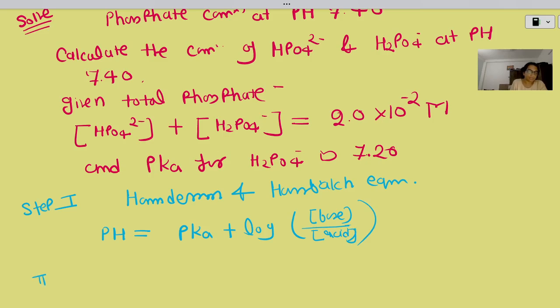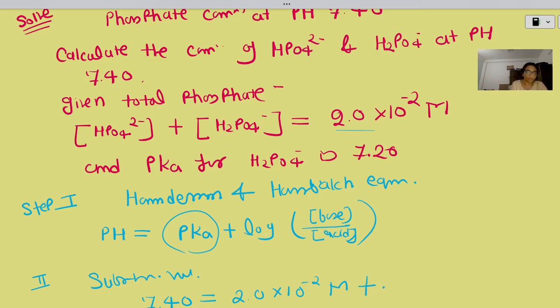In step number 2, we have written the formula, and now we put in the given values. Substitute the values: the pH value is also given in the question, 7.40, is equal to the pKa value, plus log.